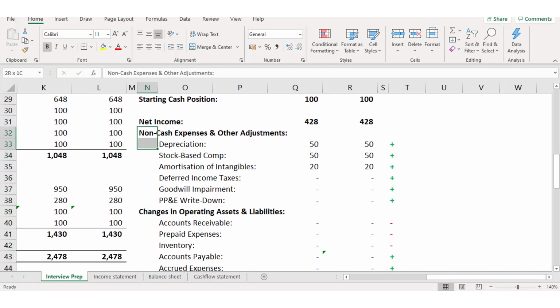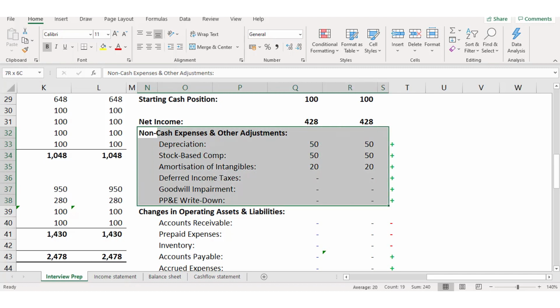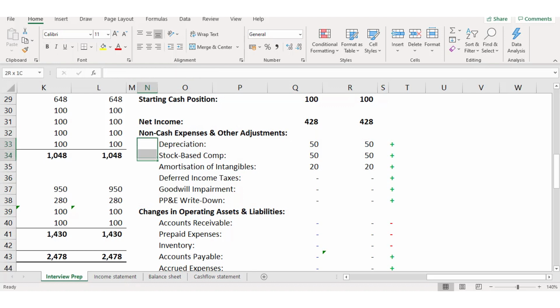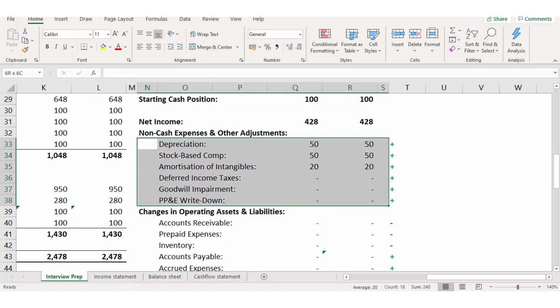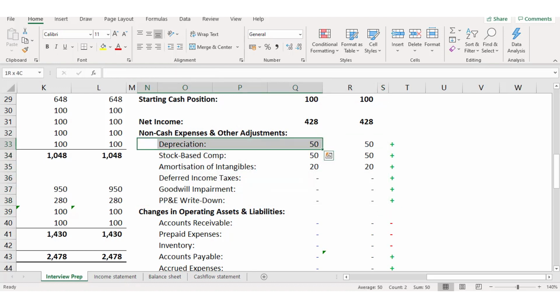The first set of adjustments which we're going to make are going to be the non-cash expenses and revenue. So pretty much these line items are going to be from the income statement. So, depreciation. Now, depreciation is essentially an accounting term. It's how accountants record the loss of value on a physical asset.